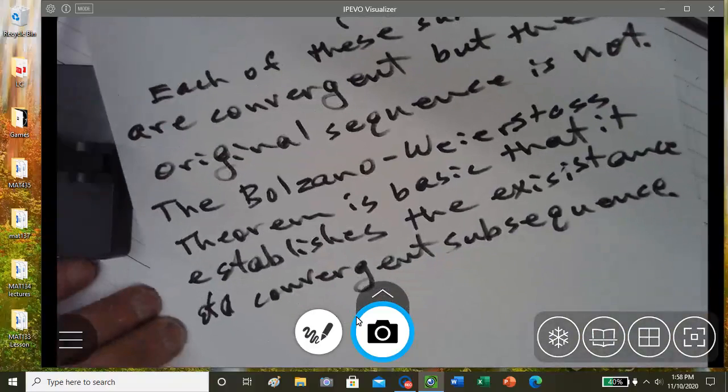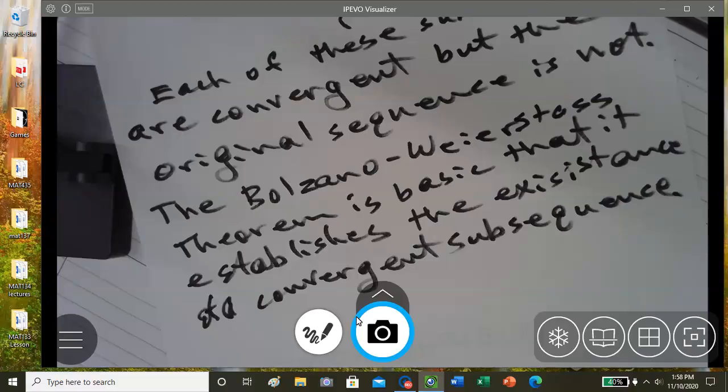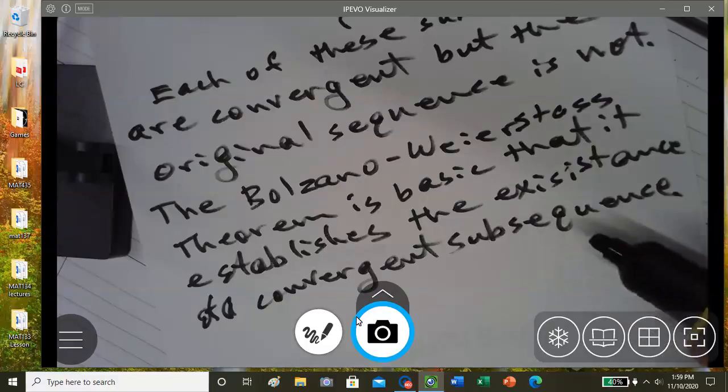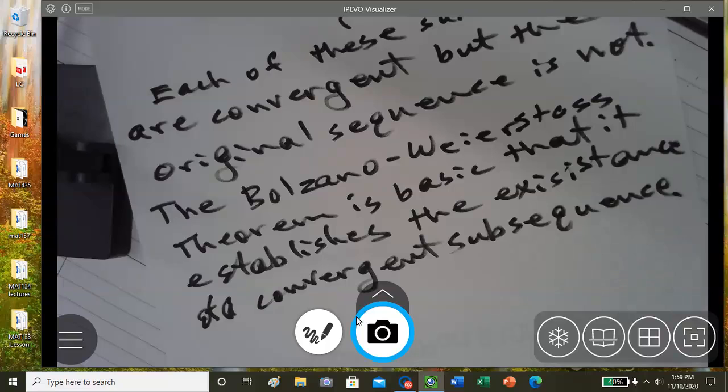So even though the original sequence is not convergent, you can find somewhere some subsequence, some subset, if you will, that is convergent.